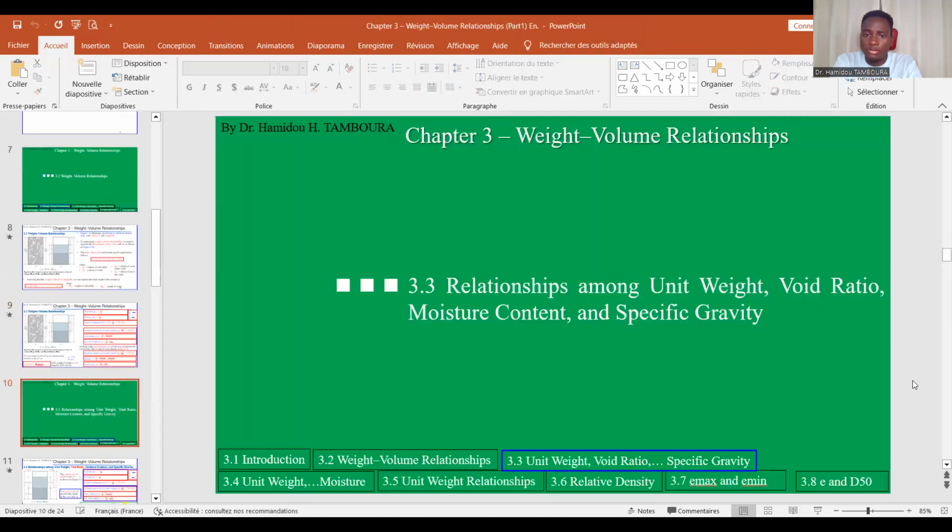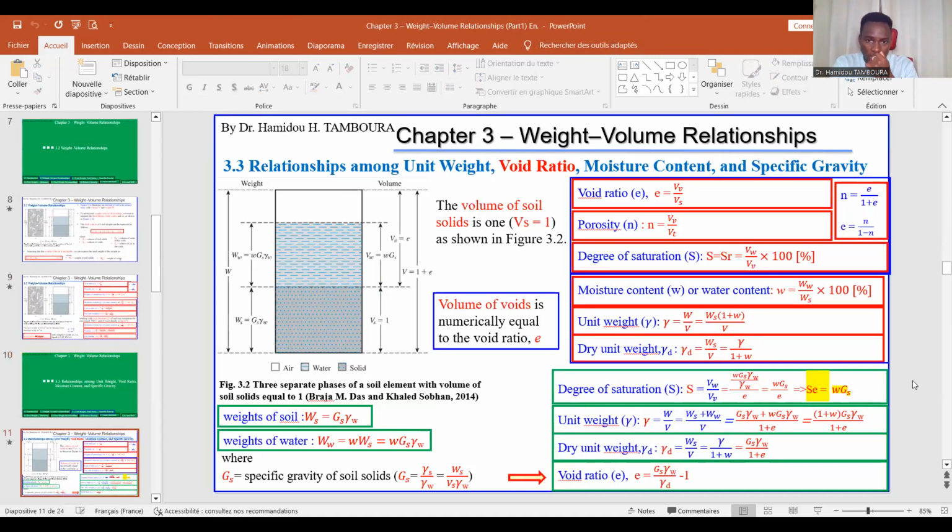After that, we talked about many relationships, many ways to obtain more relationships between volume and weight. By taking the volume of solid equal to 1, we can establish all these equations. We have talked about this before.